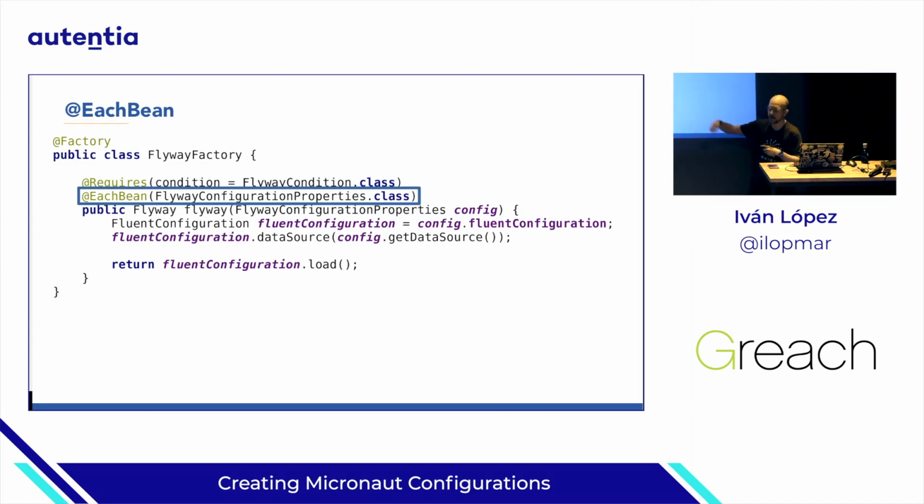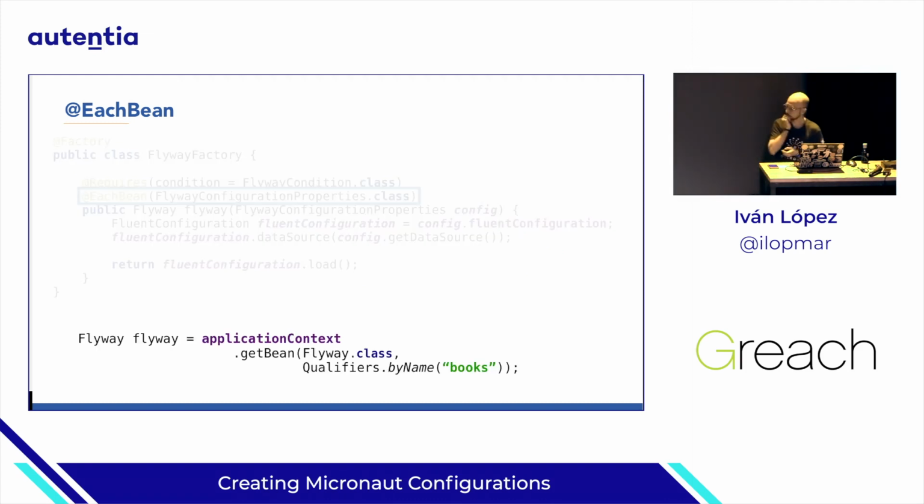Micronaut is going to iterate over all the Flyway configuration property beans, and it's going to inject a different bean per iteration. And in that code, here we are not using the qualifier, but you could do something like config.getNameQualifier, because that's the property name that I used in the other slide, to get the qualifier if you need it.